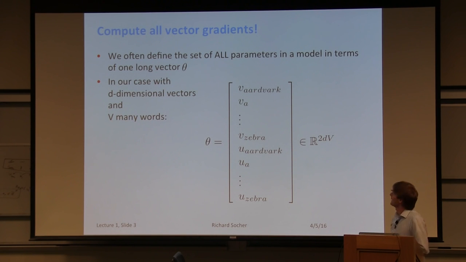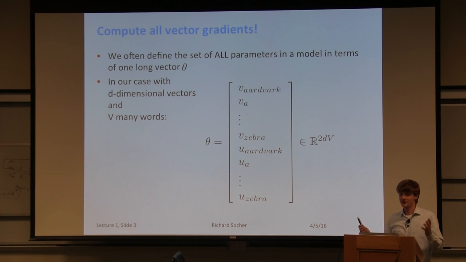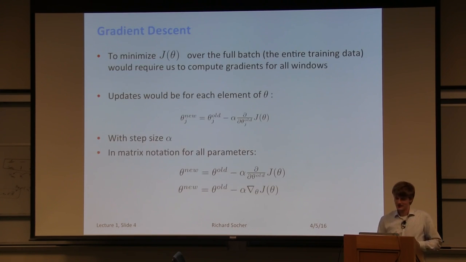So this will be a very high dimensional vector theta, 2d times V. d is usually between 25 and 500 or so. V, on the other hand, could be hundreds of thousands. So this is a very high dimensional vector theta.